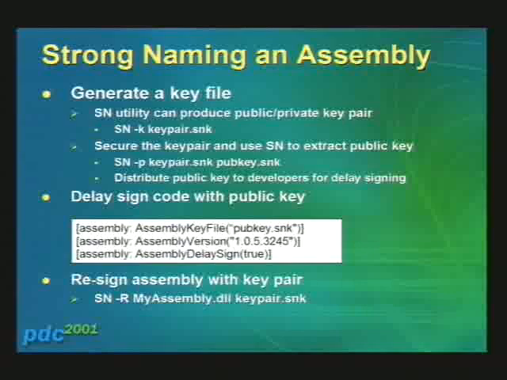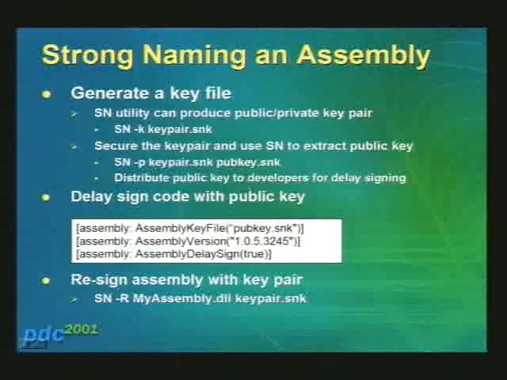Customarily, the public key goes out to the developers, and the private key gets stored in a vault somewhere where only the legal people know how to get to, right? So you don't distribute that private key out to developers. So what you would do is use SN -k to generate the key pair, use SN -p to pull the public part out of there, and then you would retain both of those files.